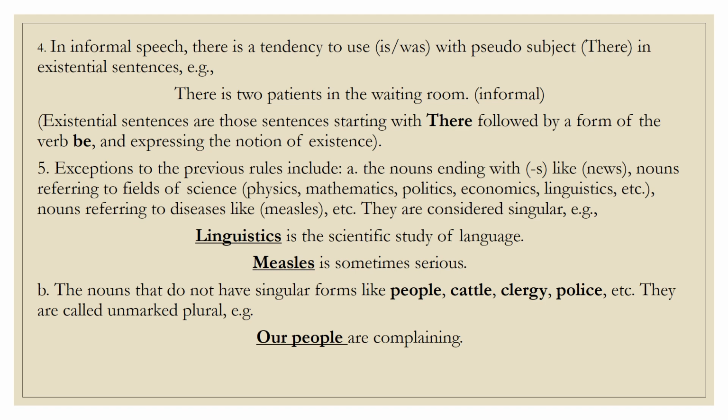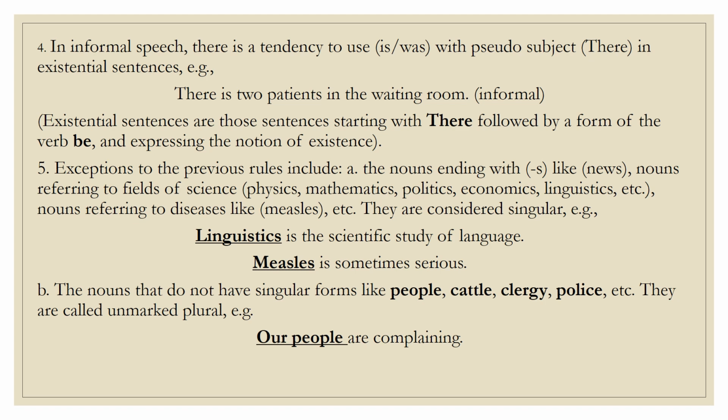Here he's telling us that there is a difference between the formal and the informal style of English. In the informal, they are saying that since there is singular in form, we should use with it a singular verb.